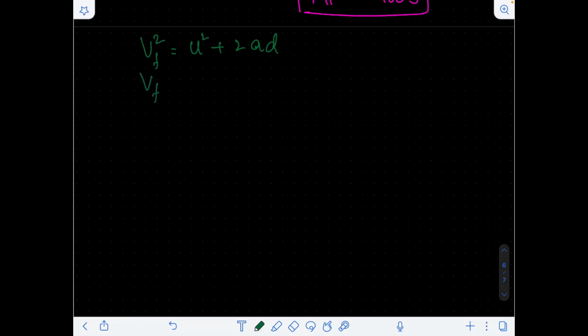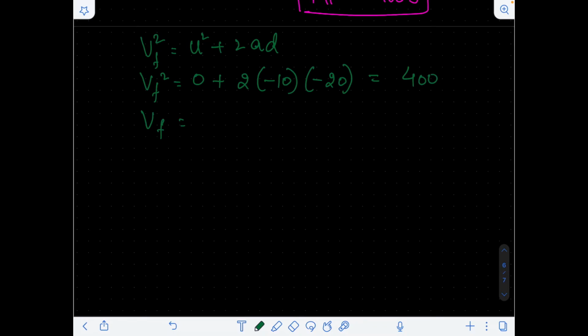So the final velocity squared equals 0 plus 2, acceleration is minus 10, and displacement is also in the downward direction, so we put minus 20. When we solve this, negative times negative is positive, and it comes out to be positive 400. So the final velocity is the square root of 400, which comes out to be 20 meters per second. This is the final velocity.